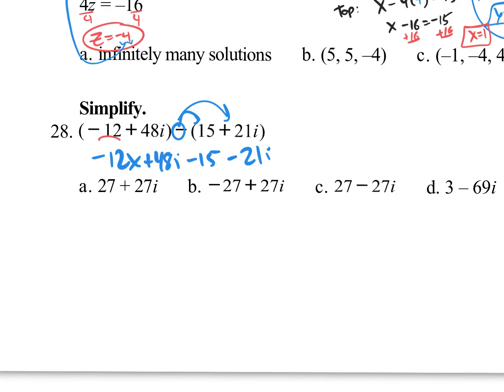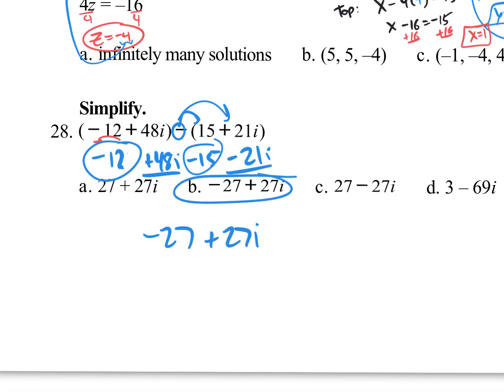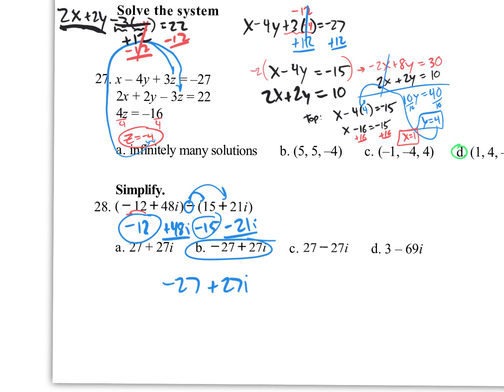Combine the real terms, the -12 and the -15, that'll give you a -27. And combine the 48i, take away 21i, that's a positive 27i, which would be option B right there. Let's move on.